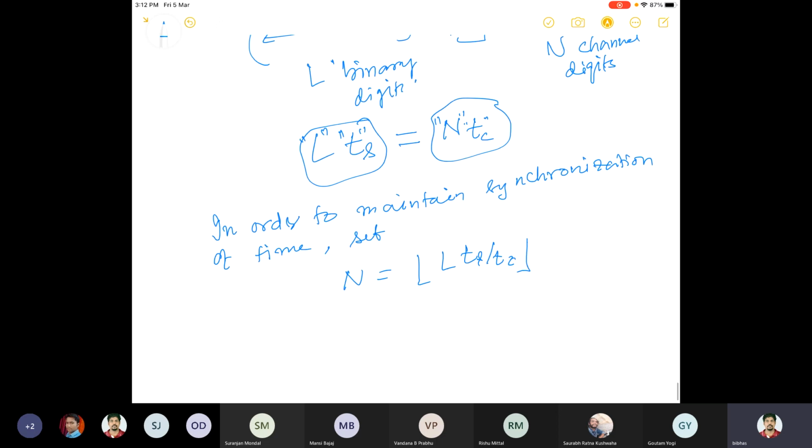Now, if I am lucky, this may be an integer. I'll give you an example of how it is an integer, don't worry about that.